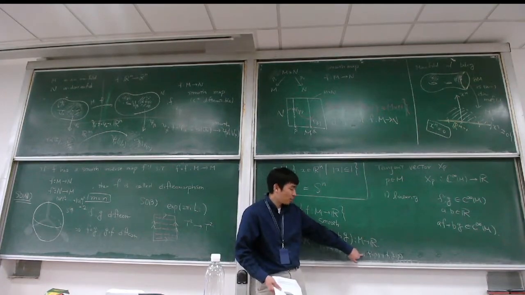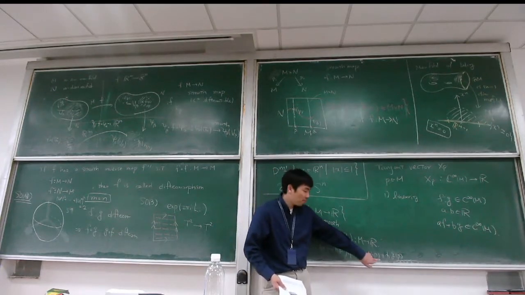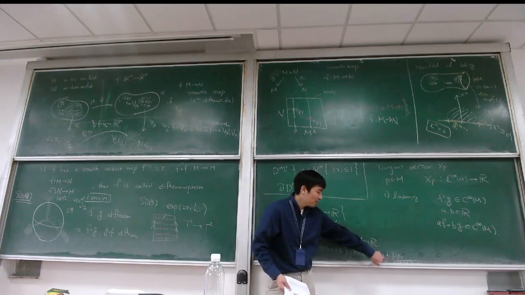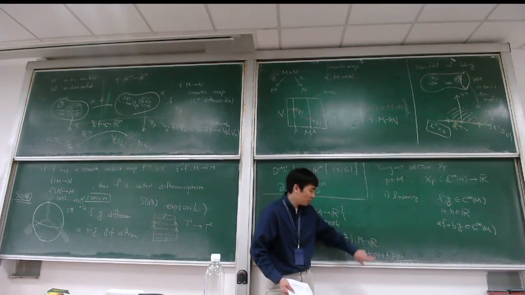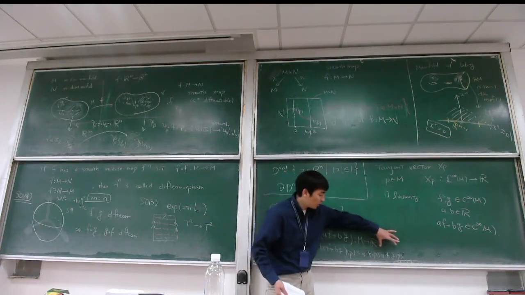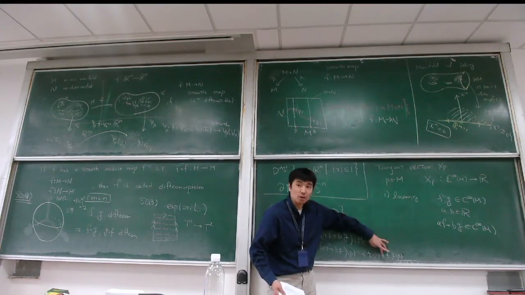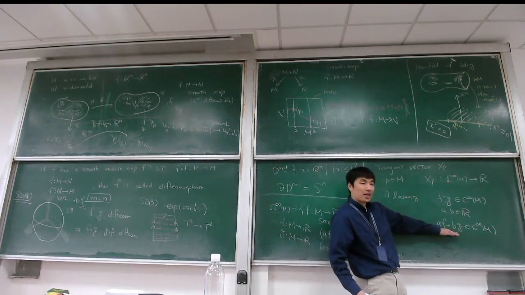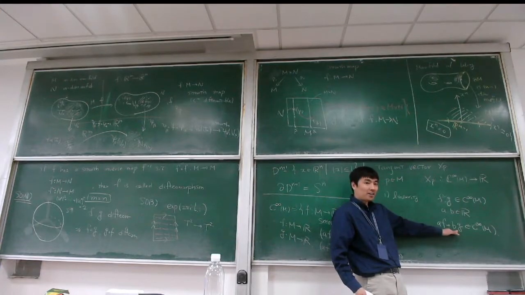So you can just multiply a into the value in R, and also you have addition. Here I use multiplication of R, and here I use the addition of R. Therefore, this is an element of the smooth maps from M to R.